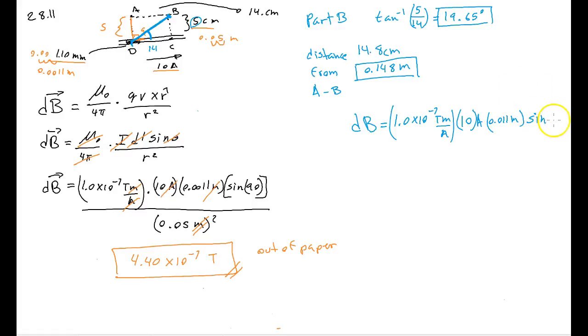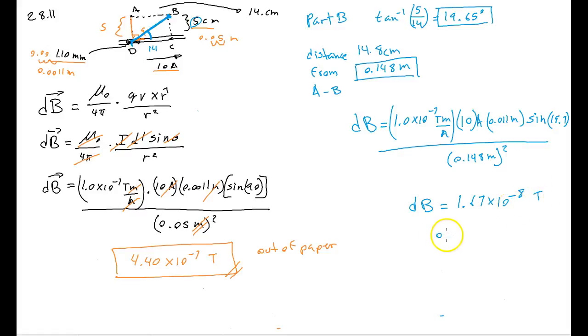And we just change the angle, which is 19.7, over r, which is now 0.148 meters squared. Then we can solve, and we will get 1.67 times 10 to the negative 8 Teslas. And this will also be coming out of the paper.